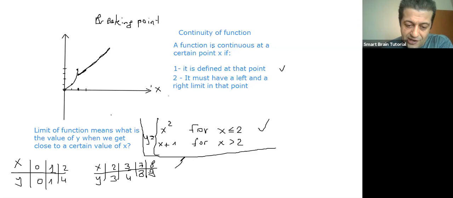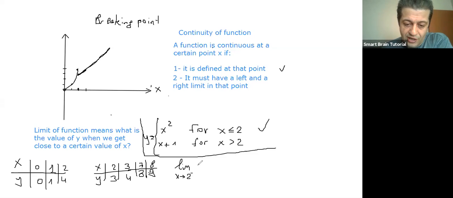So if I get the left limit here, the limit from the left means when x goes to 2 but is less than 2, not exactly 2. So for x smaller than 2 but approaching the value 2, we should substitute into the first part of the function, because this part only includes the values of x smaller than 2.